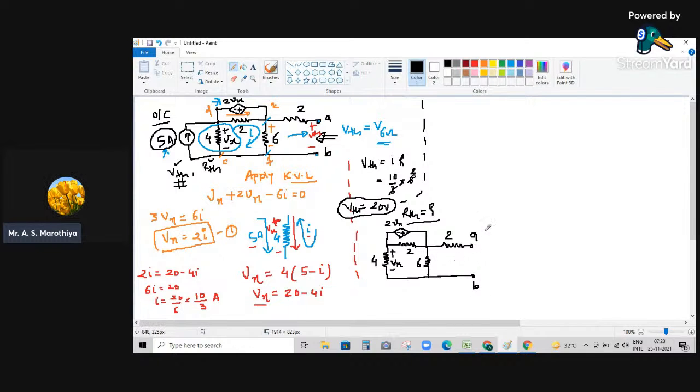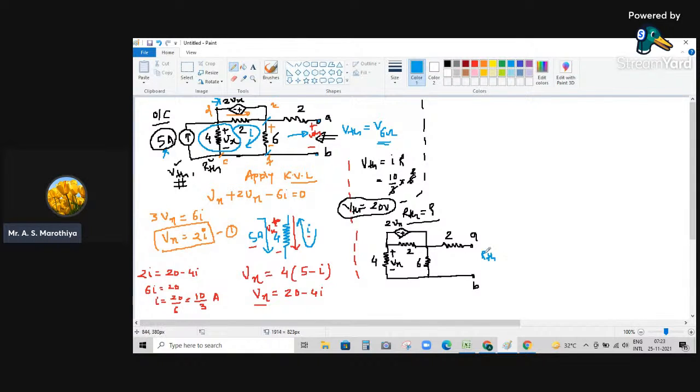Now see here, our objective is to find the value of RTH across terminal AB. To find the value of RTH, we must know what will be the resistance offered by this dependent voltage source, but we don't know its internal resistance.